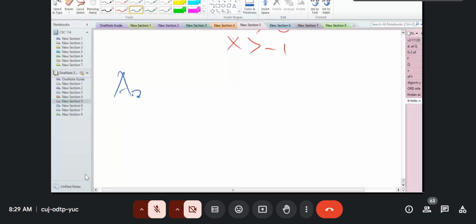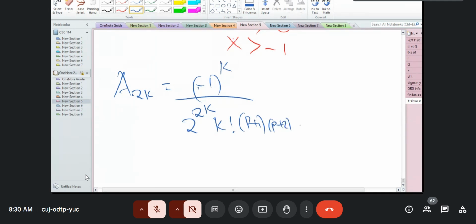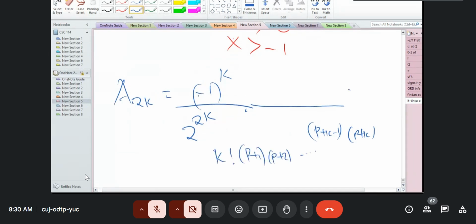our a sub 2k. It was given as minus 1 power k over 2 raised to 2k, k factorial, p plus 1, p plus 2, all the way up to p plus k minus 1, p plus k, times, we had let our a naught be equal to 2 raised to power p times gamma of p plus 1, but we know that gamma of p plus 1 is equal to p factorial.